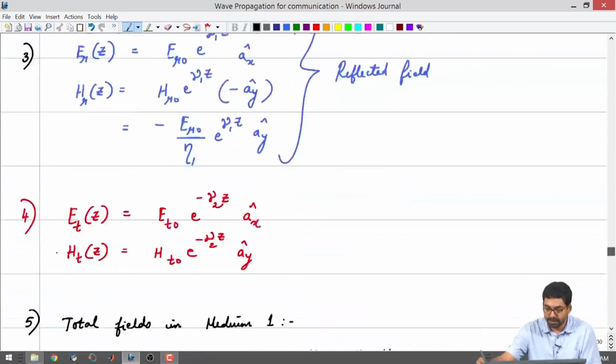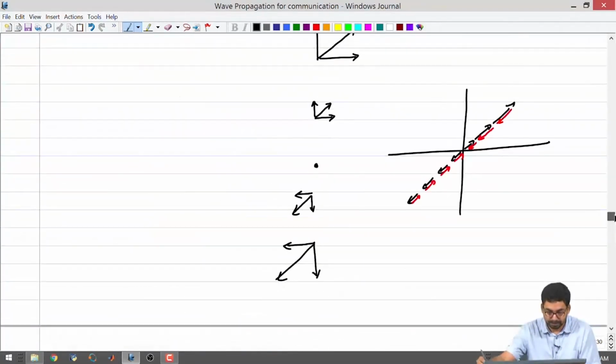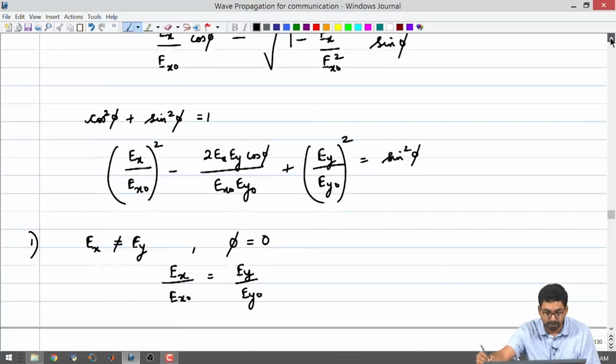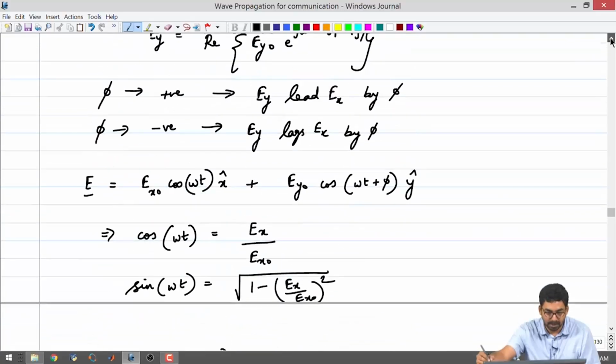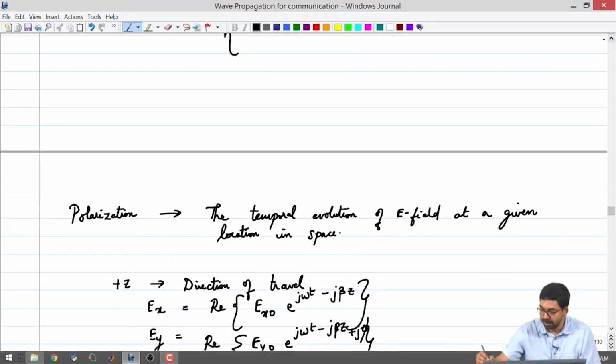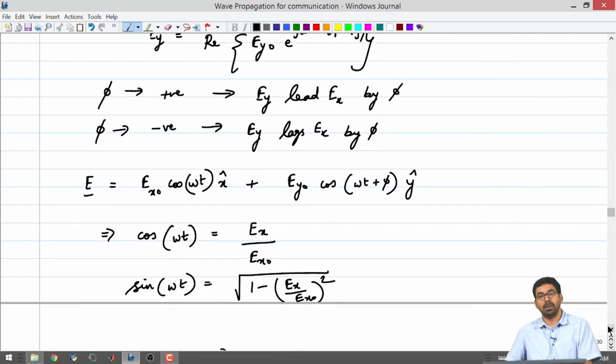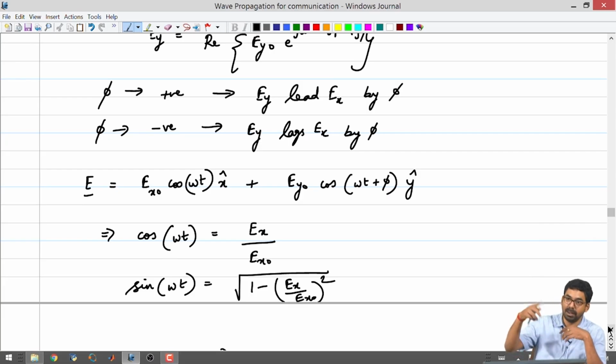In those lectures, one of the things that we were noticing was you could have Ex and Ey, okay, they could have different values or different magnitudes, and there could also be a phase difference between Ex and Ey. We also saw this using an animation later on, alright.